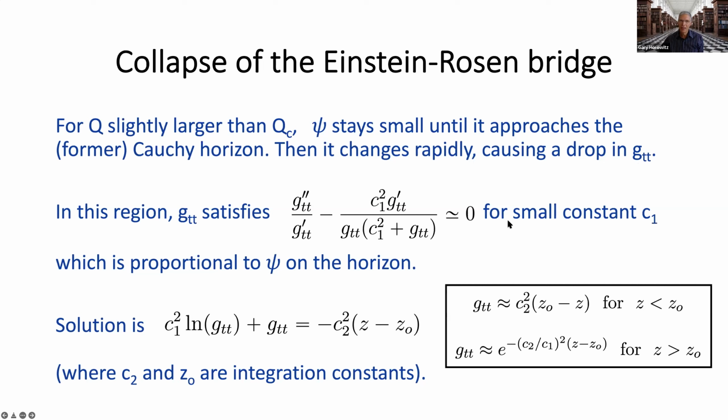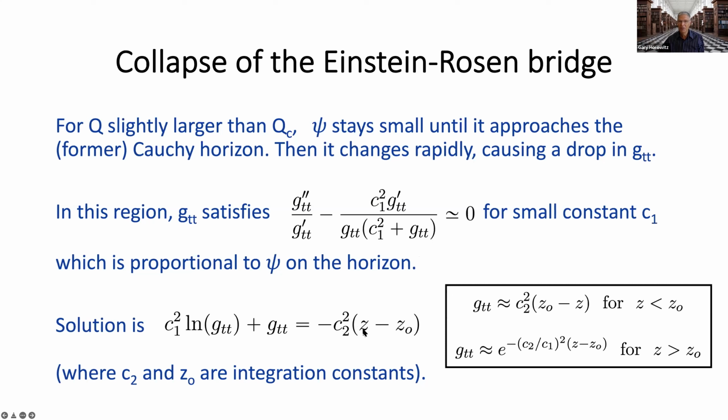And so by looking at the field equations and dropping the unimportant ones, you can derive an isolated, decoupled equation for this metric component GTT. It approximately satisfies the second order ODE for a small constant C1, which is directly proportional to the value of the scalar field on the event horizon. The solution of this ODE is given here in terms of two constants of integration, C2 and Z0.